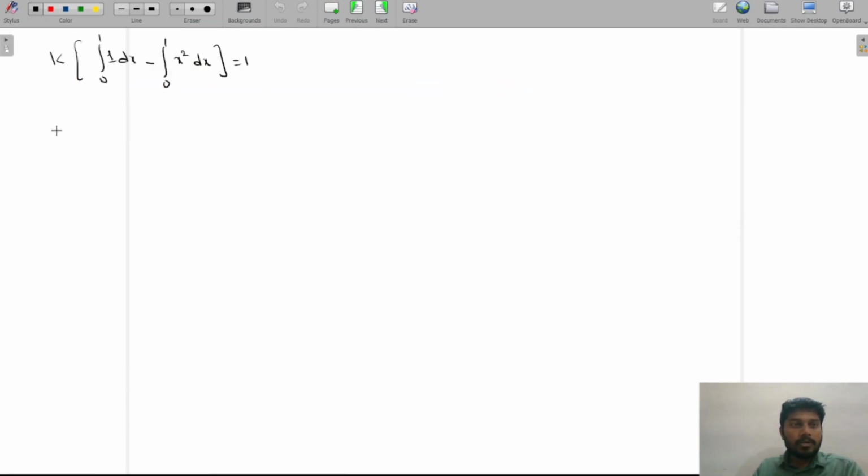Okay, now k of integration of 1 dx, what is the formula for this? We have in the intermediate, integration a dx is equal to a into x is my formula. Okay, now come to the second one, we have a formula: integration x square dx is equal to x power n plus 1 by n plus 1.